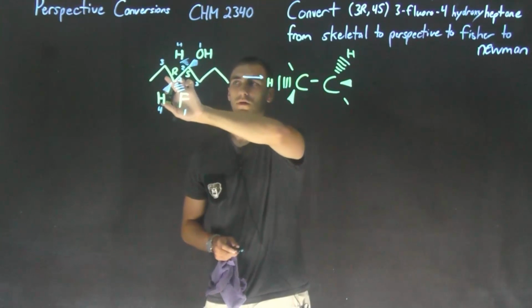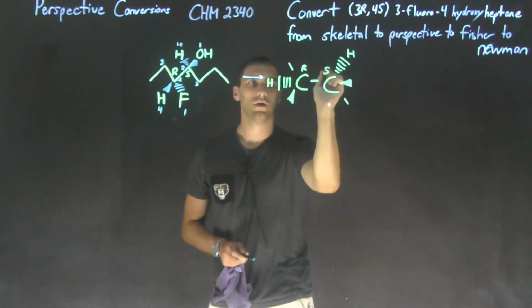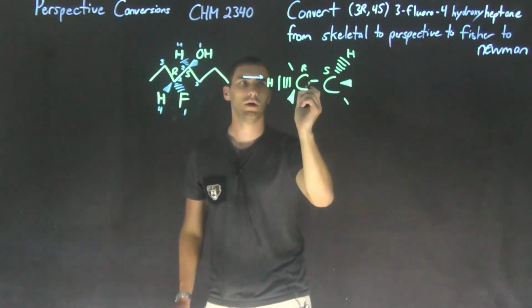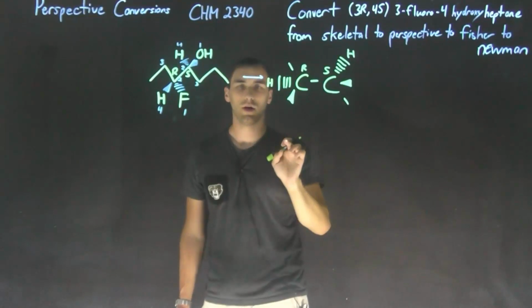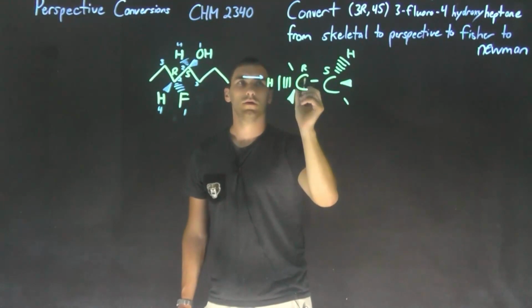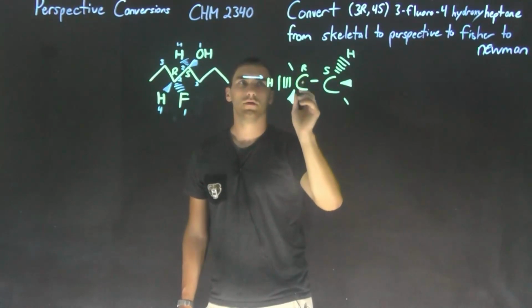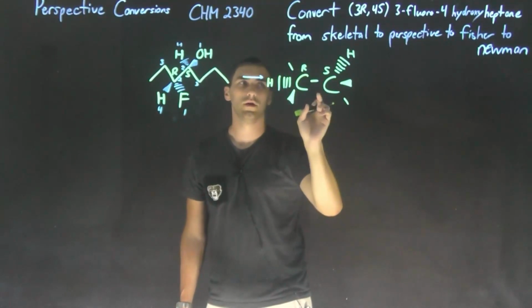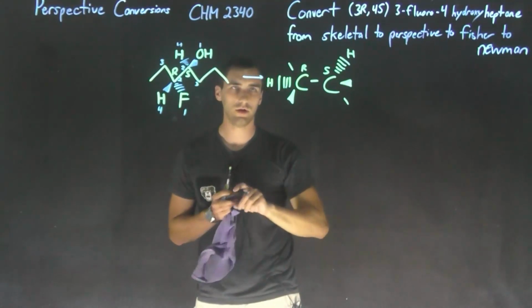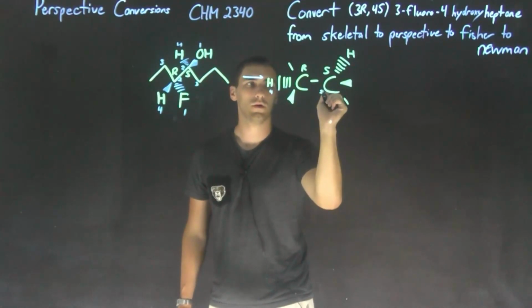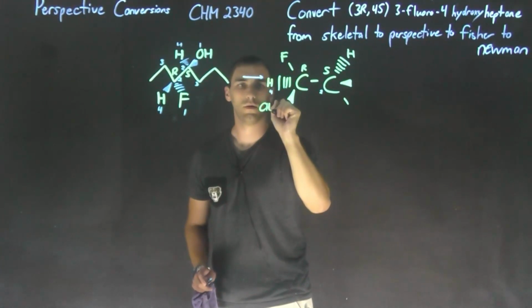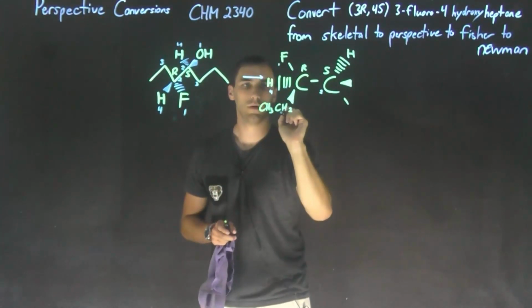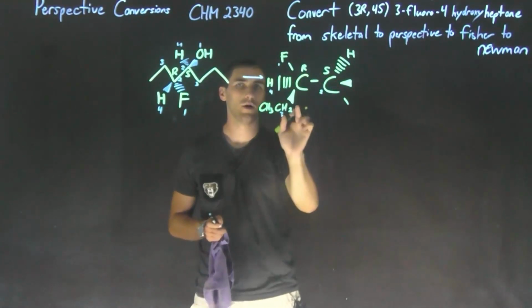I'll choose this carbon to be the R and this one to be the S. So if we have R here, we need this rotation to go clockwise. So it would make sense to put our fluorine here because this is our number 2 priority. You can see this is R now.